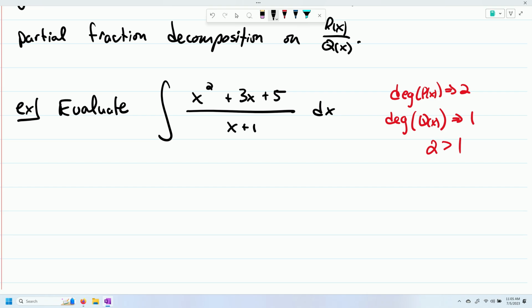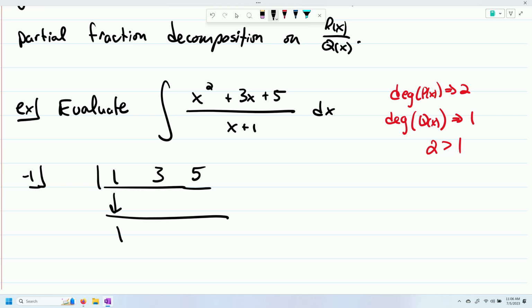If you have something nice like what we have here and you want to use synthetic division, that is fine by me. That's what I'm going to do. I'm going to write out my synthetic division algorithm here. I'm going to copy down the 1 and use synthetic division to figure out what the quotient would be. Negative 1 times 1 is negative 1. 3 plus negative 1 is 2.